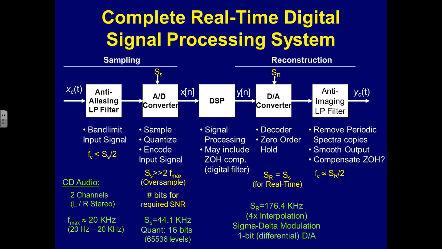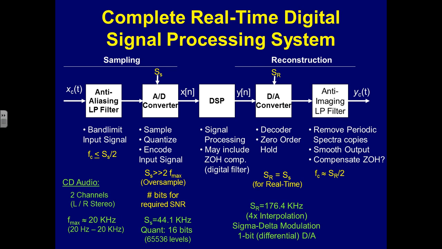The A to D converters for digital audio for compact disc recording use a sampling rate of 44,100 hertz. So the Nyquist frequency for that sampling rate is 22,050 hertz, which exceeds the 20 kilohertz that we expect the maximum frequency to be in audio signals.